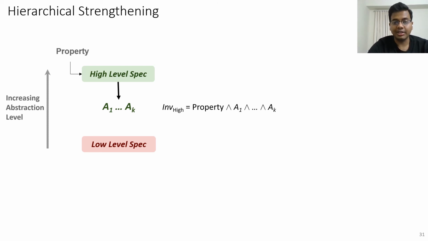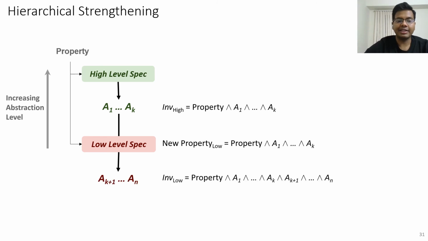But if we strengthen the property, that is, pass the strengthening assertions from the inductive proof of the higher level to the lower level, we get a new, much stronger property, which logically can make things very much easier for the verifier, especially for IC3 style model checking.